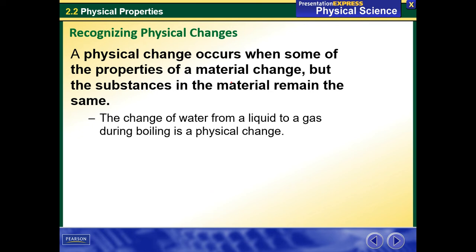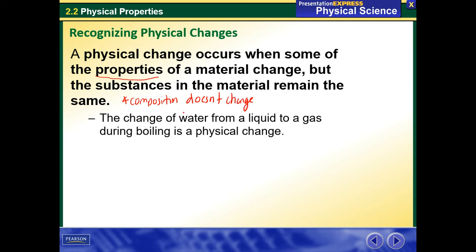That brings us into physical changes. Physical properties and physical changes usually get taught hand in hand because physical changes are just physical properties. These physical properties of a substance can change, but the substance in the material remains the same, or in other words, the composition doesn't change.